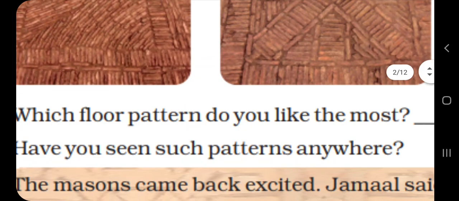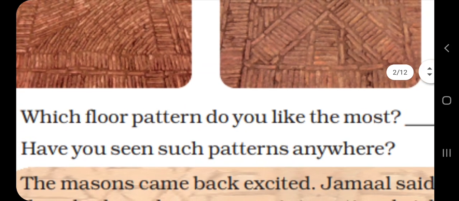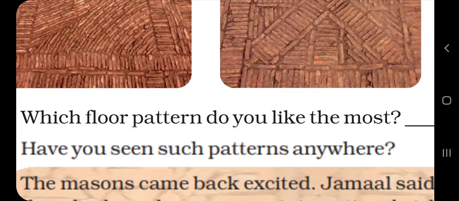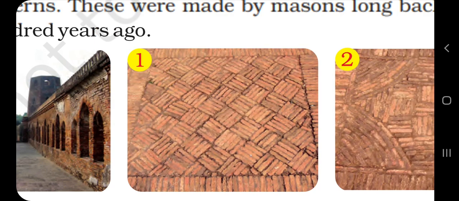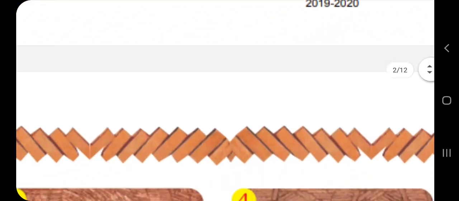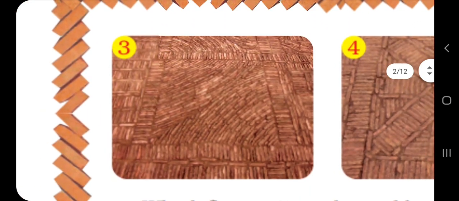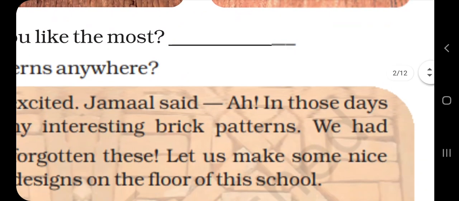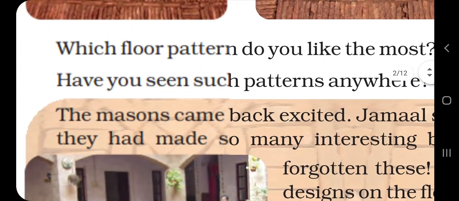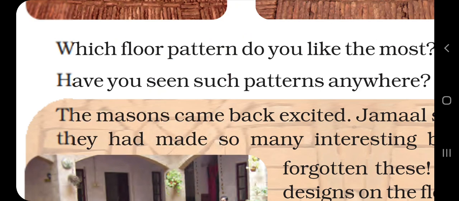Now, what is the question? Question is, which floor pattern do you like the most? That is, here are given 5 types of floor patterns: pattern 1, pattern 2, pattern 3, pattern 4, pattern 5. And second question is, have you seen such patterns anywhere?